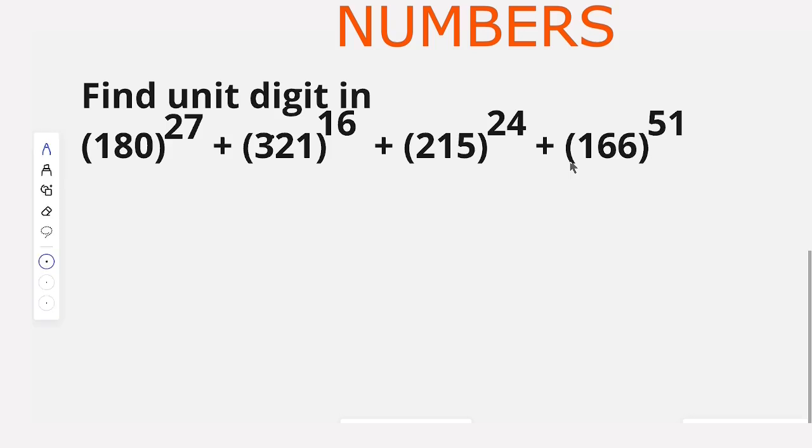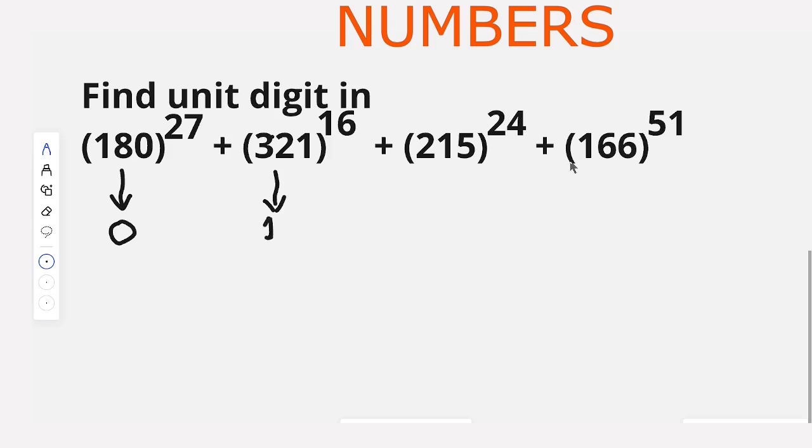Whatever the power of any number which has ones place 0, on expansion we are going to get the units digit 0. Similarly, whatever the power, if the ones place is 1, then after expansion it will remain the same and it will be 1.